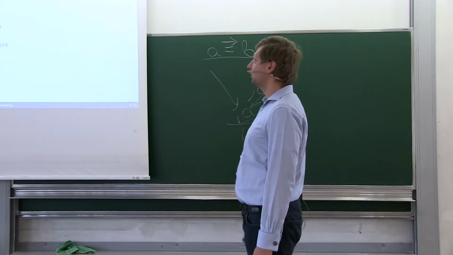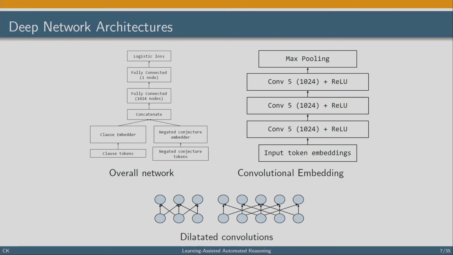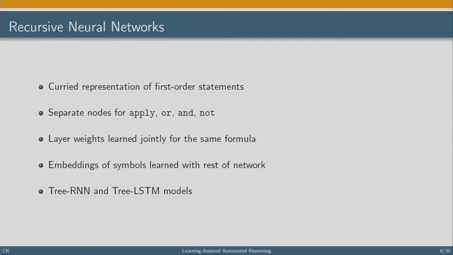So these were essentially two models: just a plain CNN and a CNN with dilated convolutions. The other thing that was tried would be to use a recursive neural network model to essentially build a tree model of a formula.